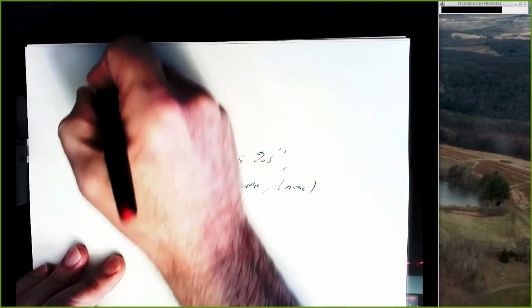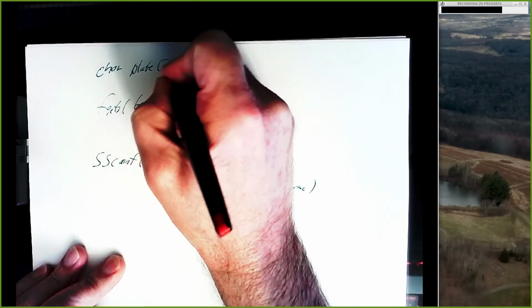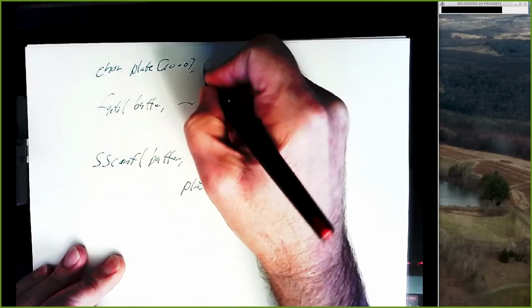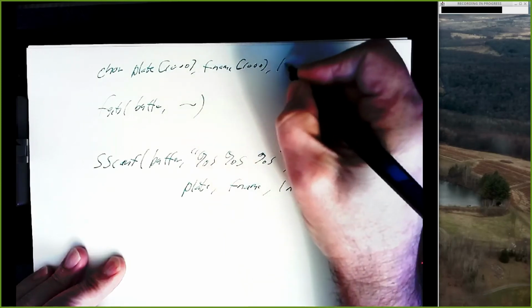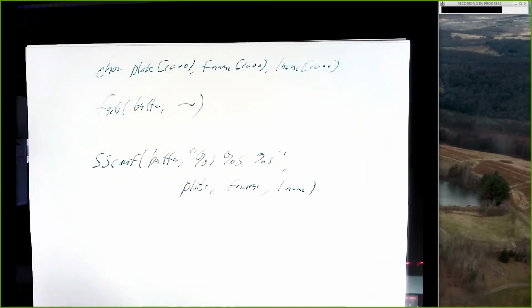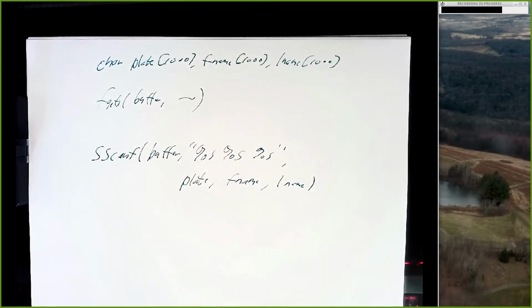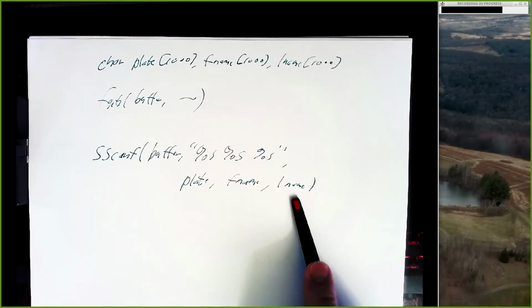Before you do that, declare these statically and just make them big. Then whatever you have on that input line, the stuff before the first space will go into plate, the stuff between there and the second space goes here, and the stuff between the second space and the end of the line goes here.